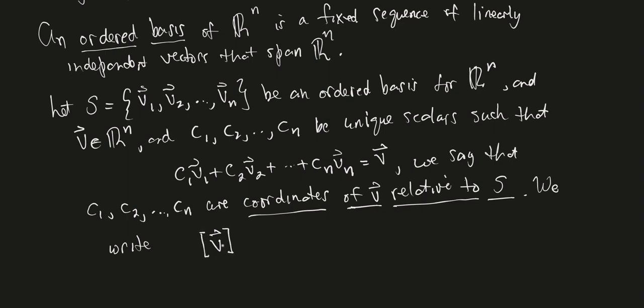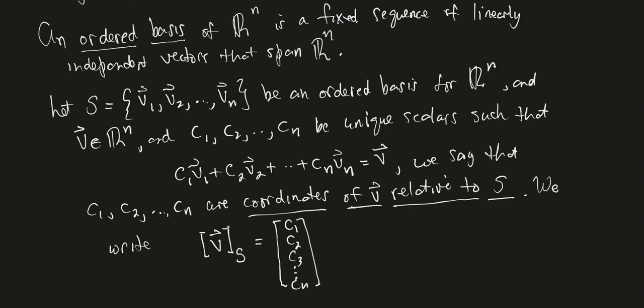And then as a subscript to the square brackets, we put the letter S to indicate that this is the basis that we're working with, right? And then we actually write the coordinates in vector form: C1, C2, C3, Cn, right?